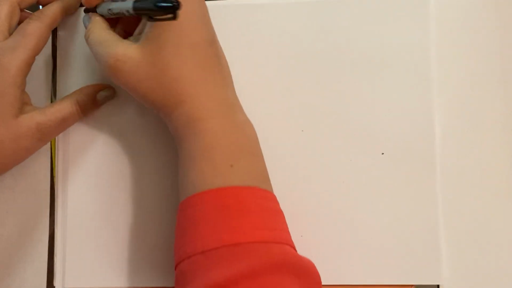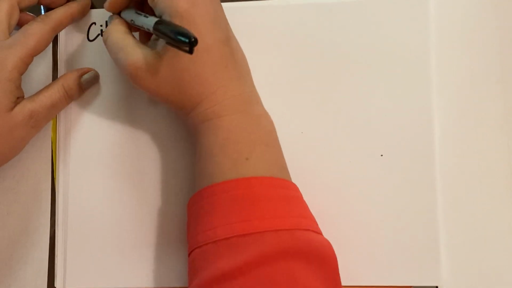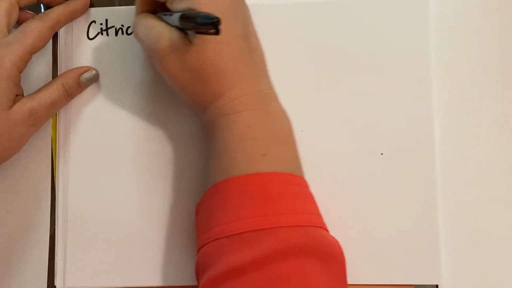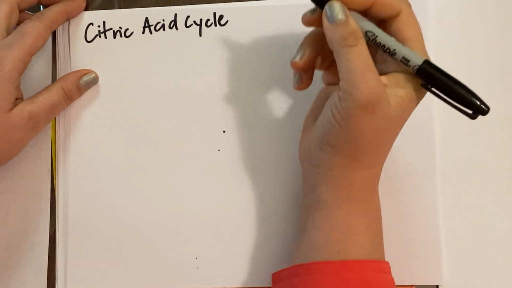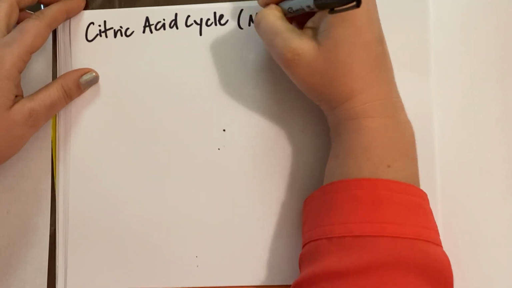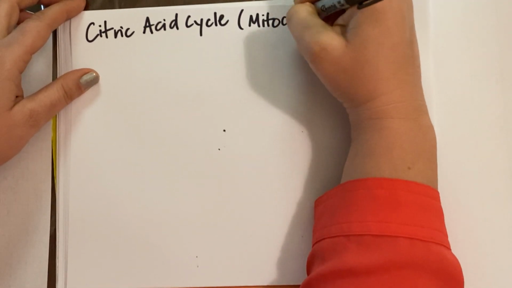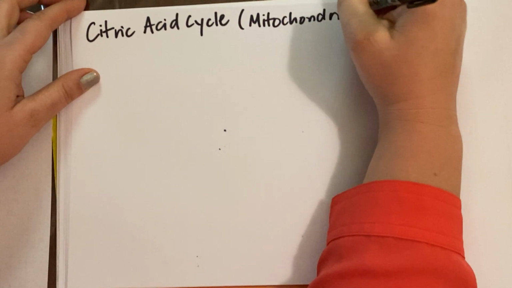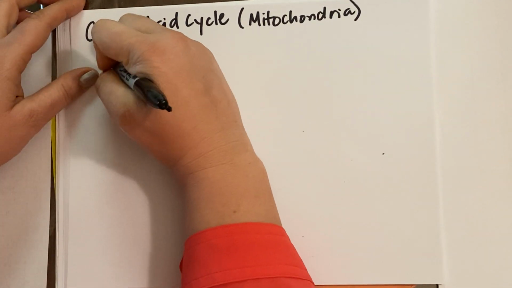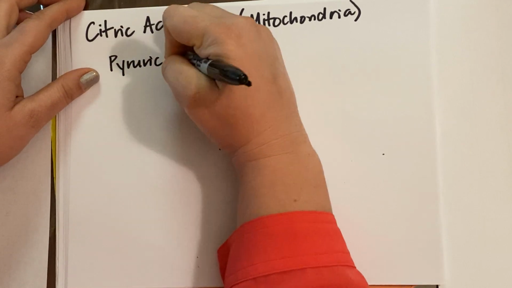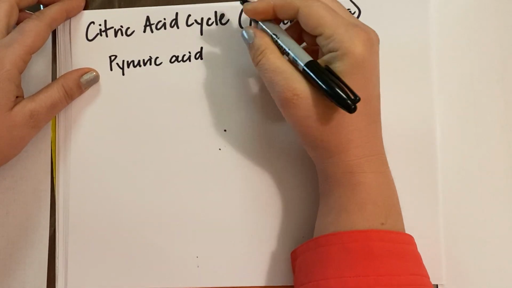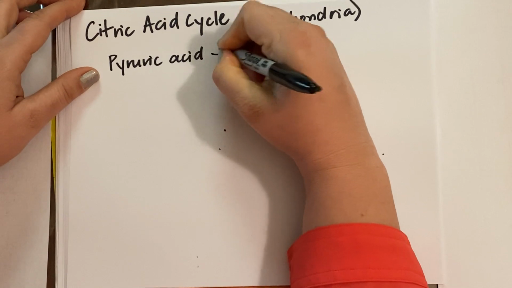Okay, so let's go on to our next step. We'll say citric acid cycle. This is now going to be in the mitochondria. And so pyruvic acid that we produce at the end of glycolysis is going to be converted into another molecule.